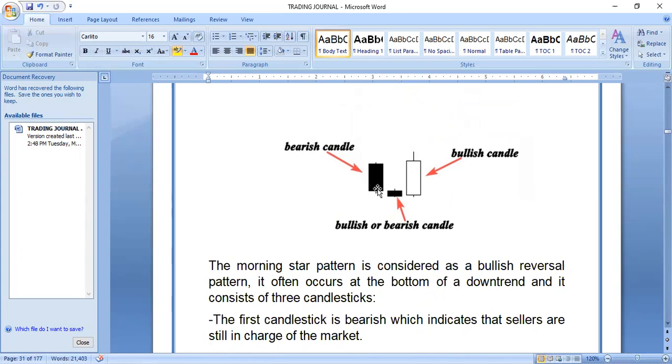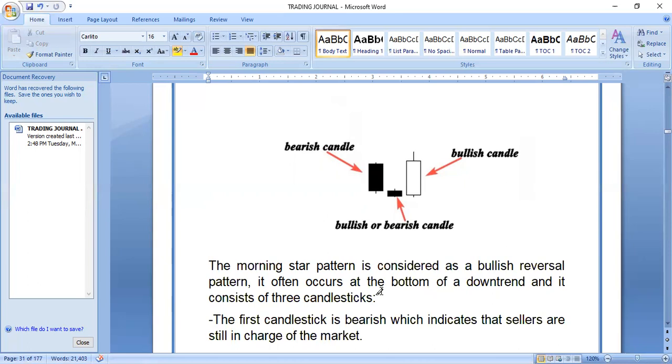This one will give you a confirmation for a buy signal if it's formed on a bearish trending market, basically at the support zone. It's a bullish reversal pattern.